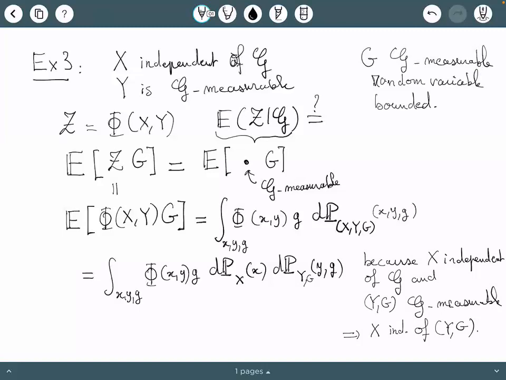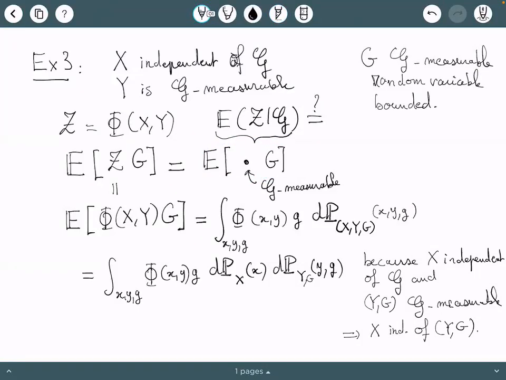And so now at the end, if I remember what I want to get, some expression like that, I will isolate the g and the x. So I will write it the following way.